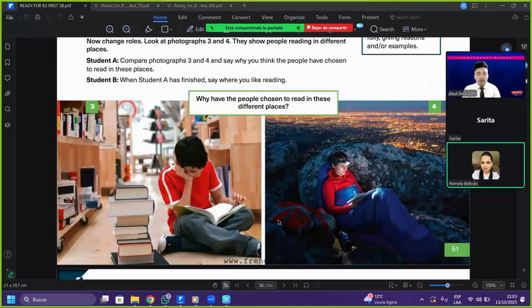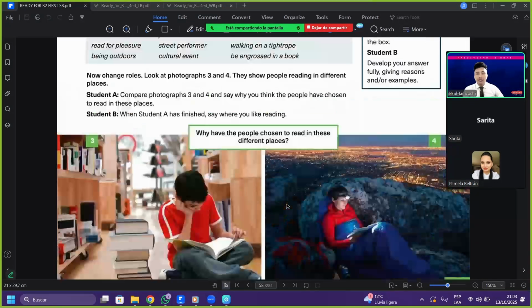I think I would like to read in a mountain in the second one because it looks like a very calm place. A relaxing place, you can say, right? A peaceful place, yes. So you can get focused. Exactly, just like that.